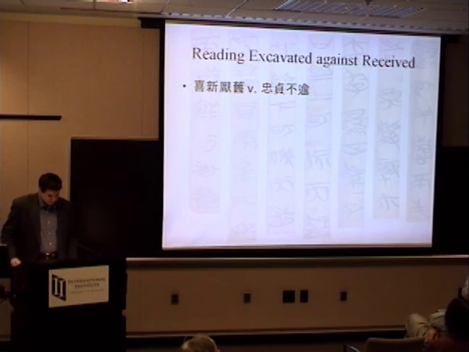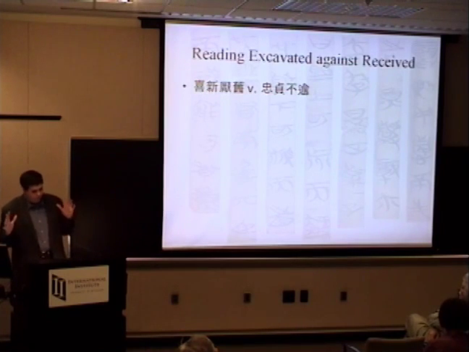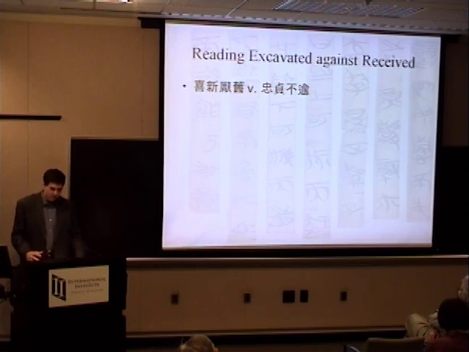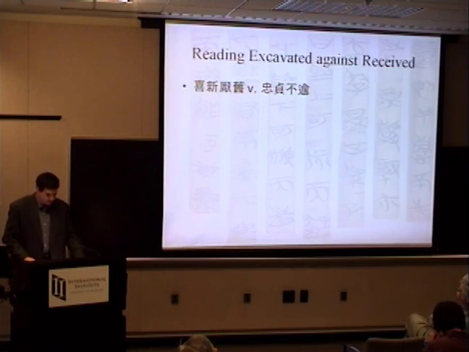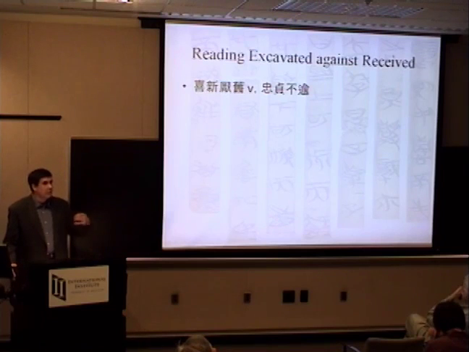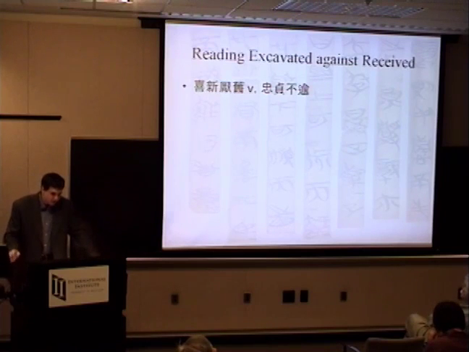By the latter, I mean the tendency to explain away all variants in the excavated manuscripts so as to somehow make them conform with the traditional received readings. And by the former, the opposite tendency of seizing on excavated variants to come up with novel readings no matter how strange or shocking they may be.